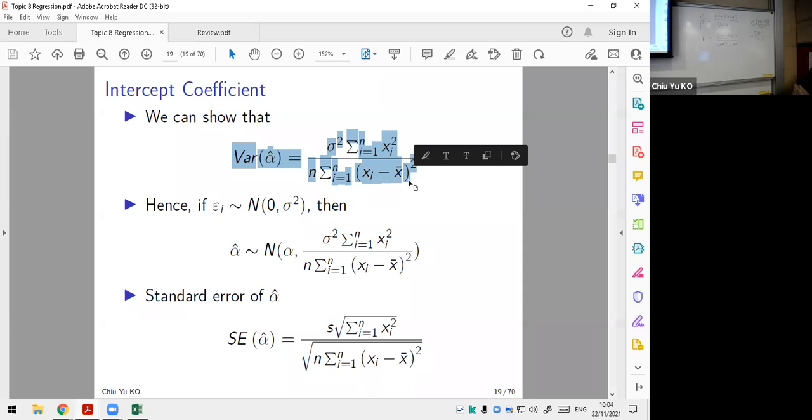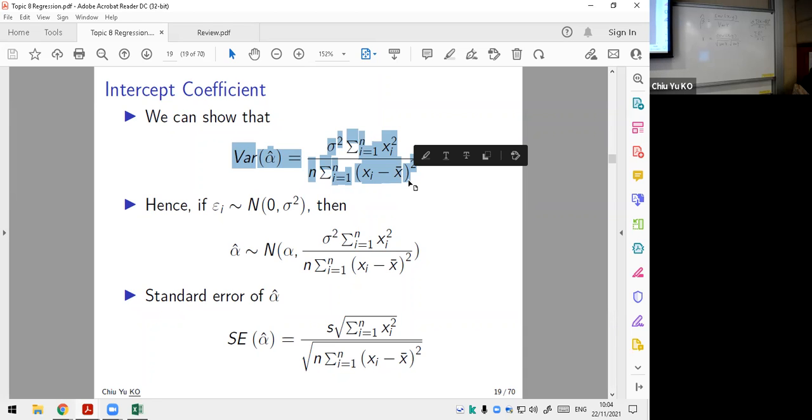In that case, we know this intercept coefficient also follows a normal distribution. And because it's normal, we can do a standard Z test if we know sigma, which we don't know. So we will be relying on an estimate of it. That's why we have to use T.